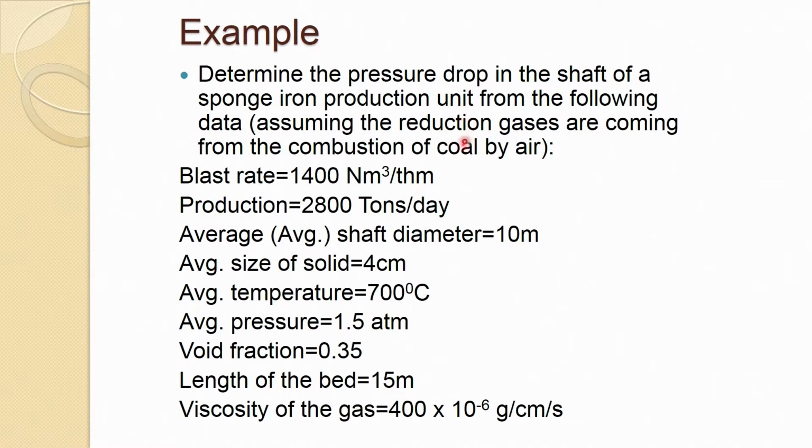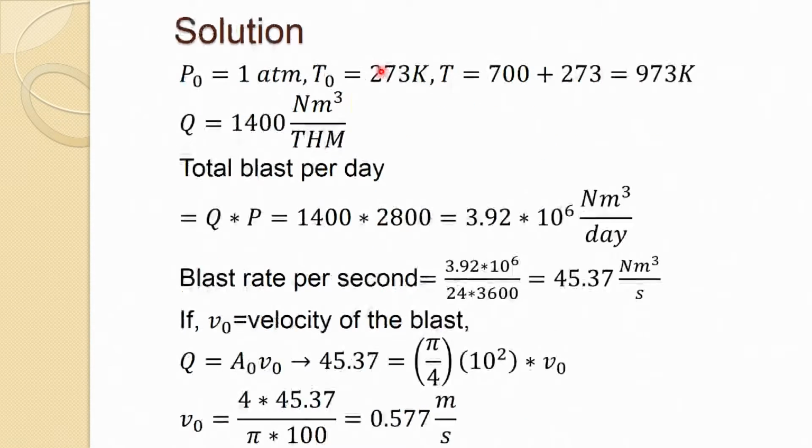So those are the few essential things which we have to find out first, and then only we can go for the pressure drop. And for pressure drop we can use simply the Ergun equation as we had discussed in the case of blast furnace.